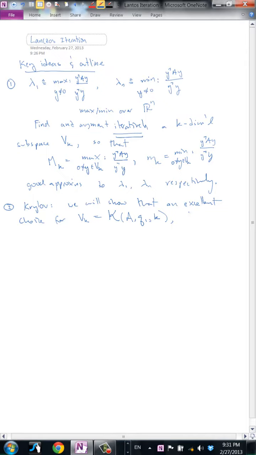Remember that even for the power method, we needed to find some initialization vector. So the third idea is as follows.